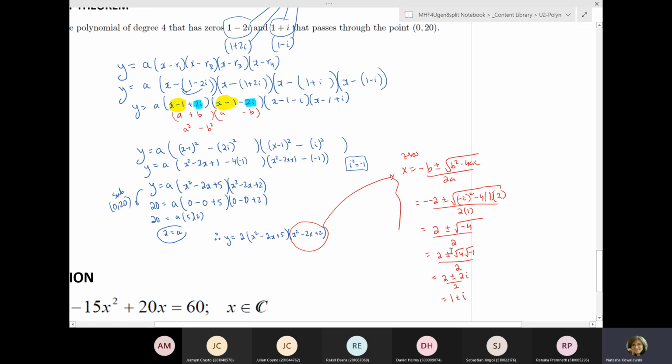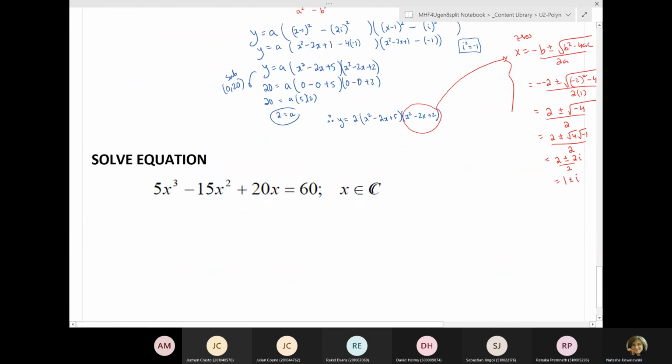Is this part okay with everyone? All right. And then one more. If you see x element of and then the C here, it just means complex numbers. So it doesn't have to be just real numbers.